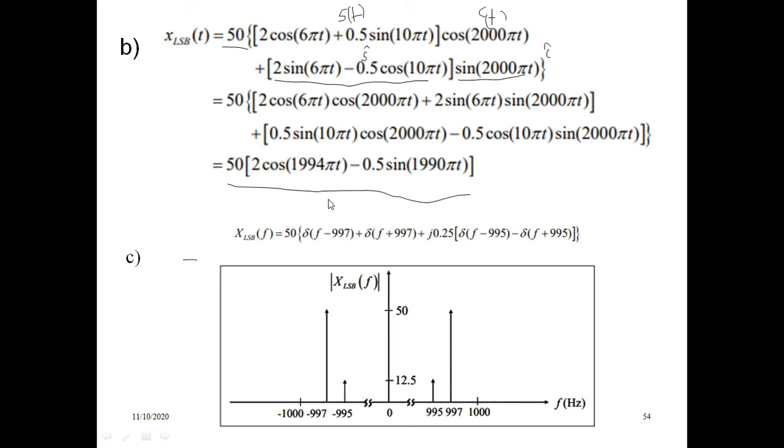So this one will become 2 delta, into delta, so 1, 2, 3, 4. You plot according to the frequency here. This is the amplitude. One more amplitude is 50 divided by 2.